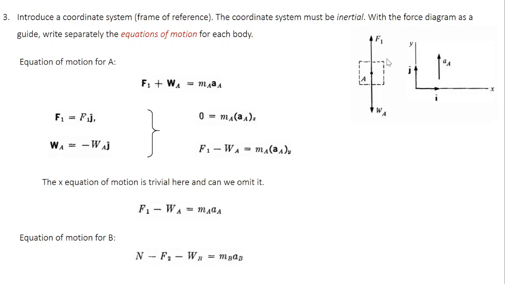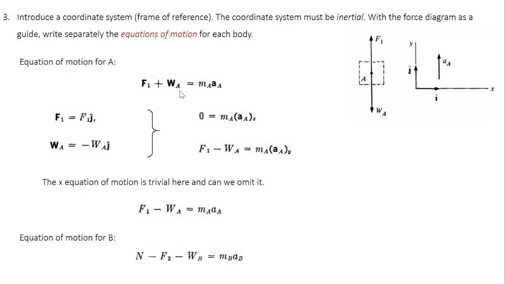And as you can make out from the force diagram, forces act only in the vertical direction or along the y direction. So F1 equal to F1 j cap, and WA is minus WA j cap. So by convention, we take the downward direction as negative and upward direction as positive.